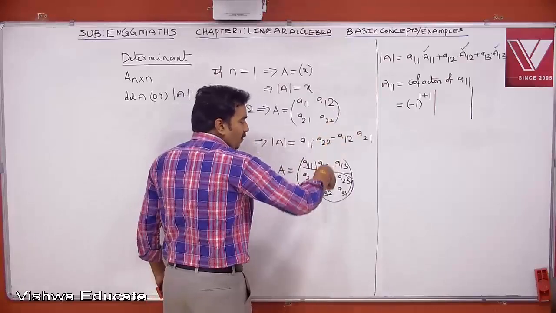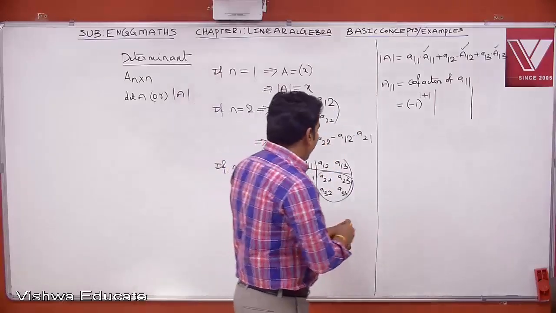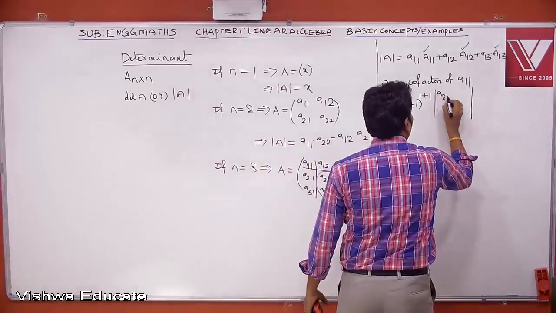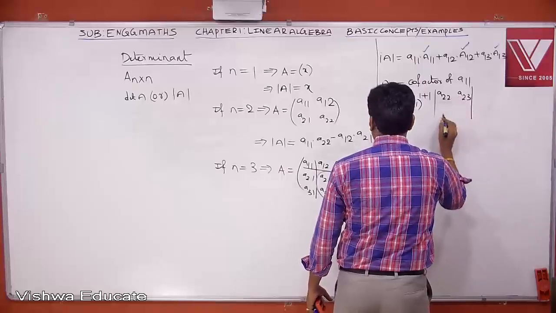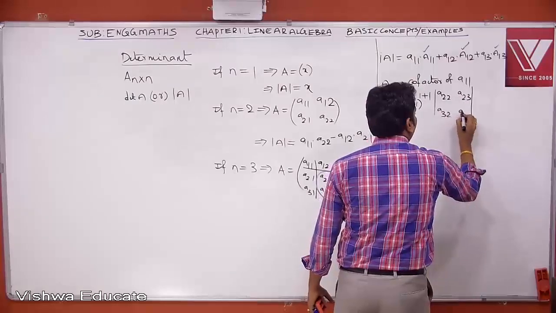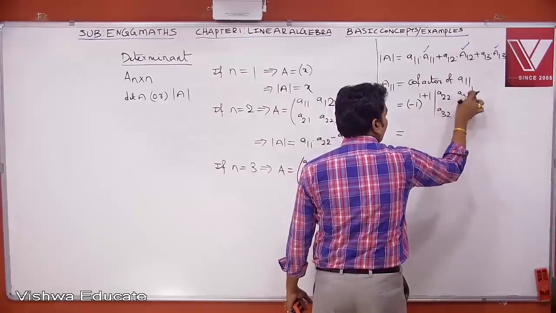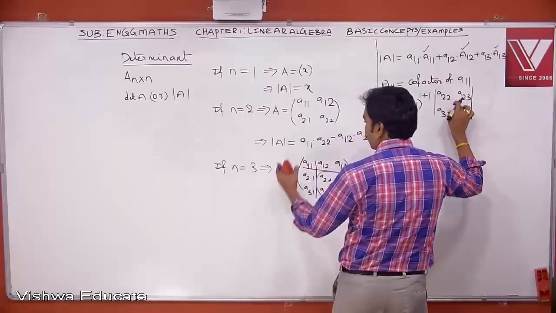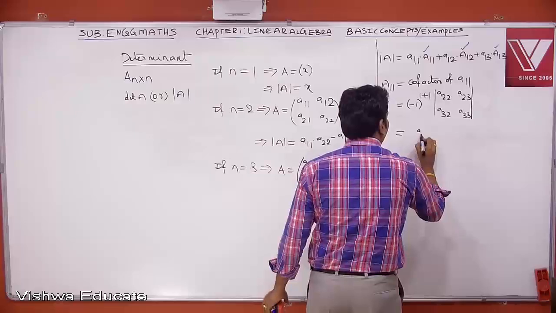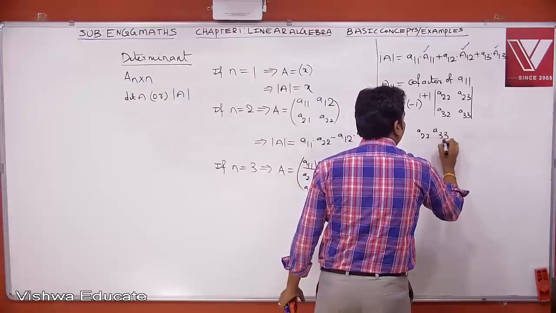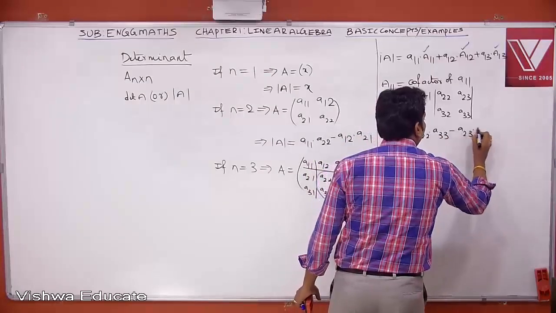So I will find the determinant of this 2 by 2 submatrix. This is minus 1 whole squared, plus.